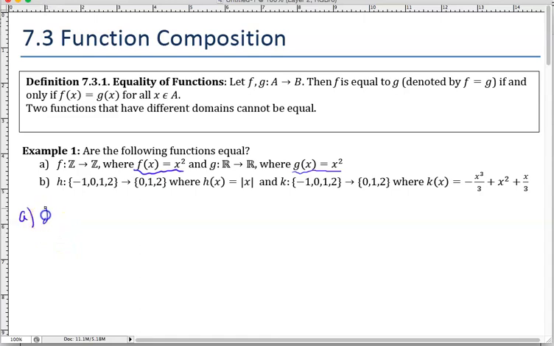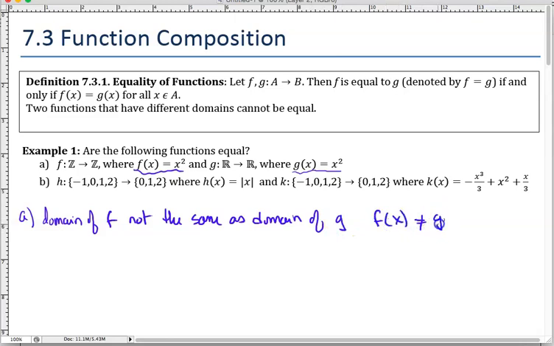The domain of f is not the same as the domain of g, so f is not equal to g.